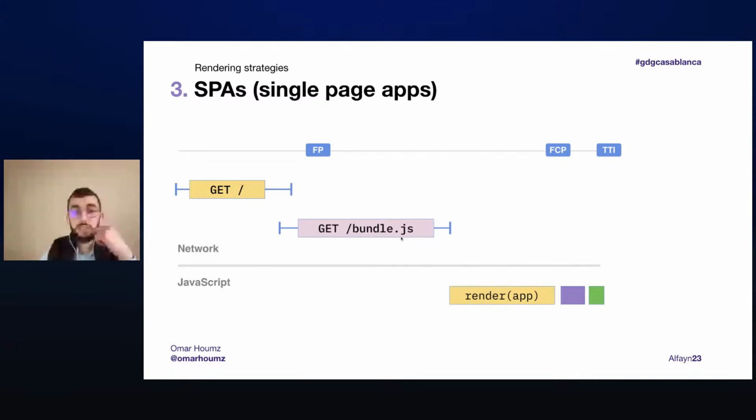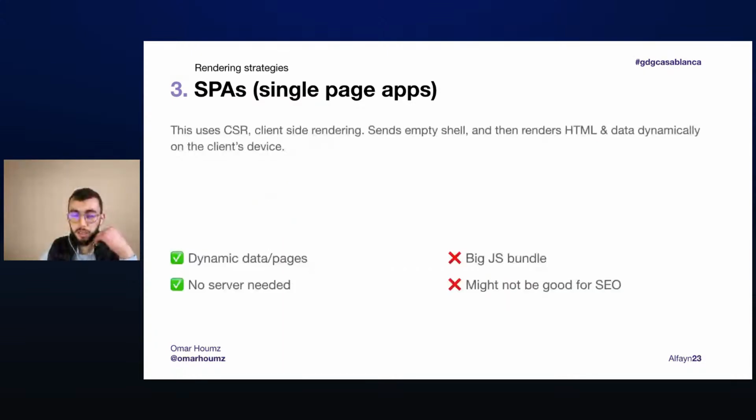Second thing is this might not be good for SEO. So what is SEO? It's search engine optimization. Forgot to include it. So how does, for example, let's take Google as an example, there's Bing, other search engines, how do they index and show you all those results on the page?